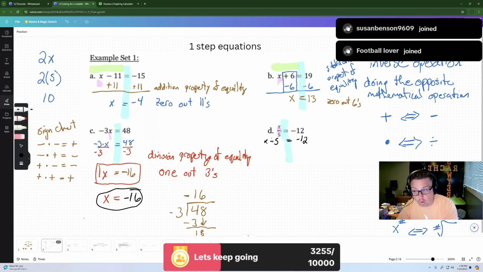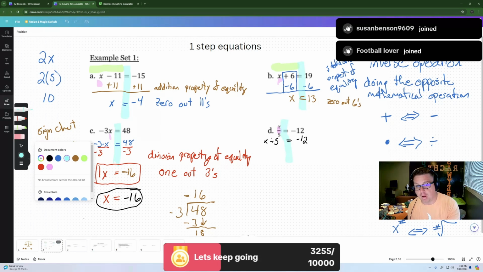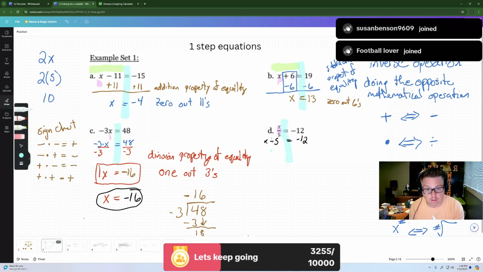What's the opposite of over? Under? Like, that doesn't make sense for my brain. When I'm trying to do math, under and over don't really comprehend for me. But if I were to read it as x divided by 5, now I can flip that inverse operation idea and do multiplication and multiply both sides by 5.